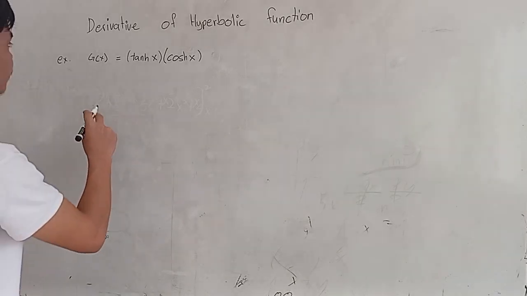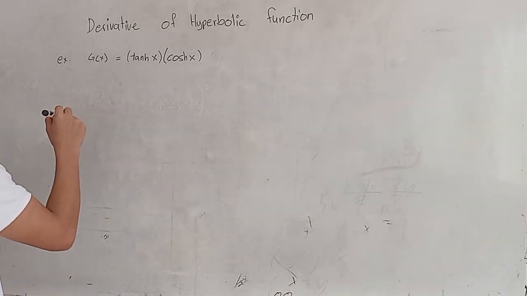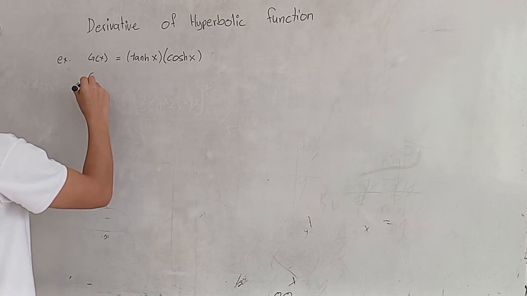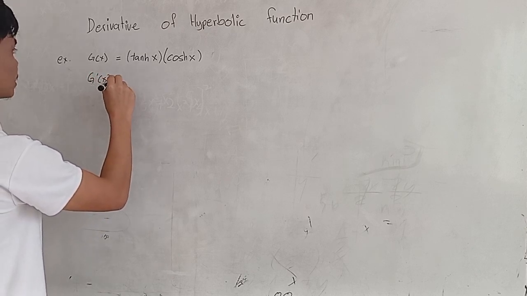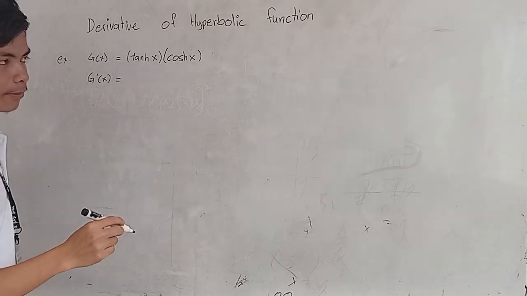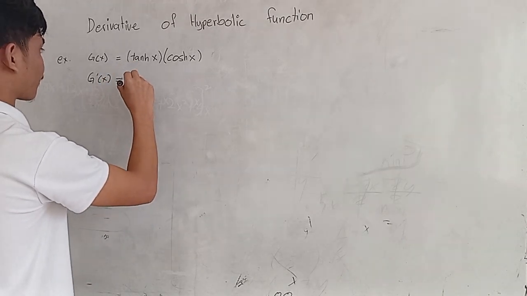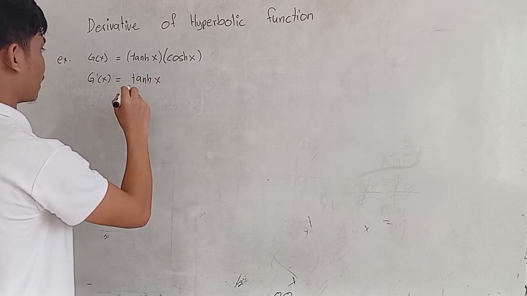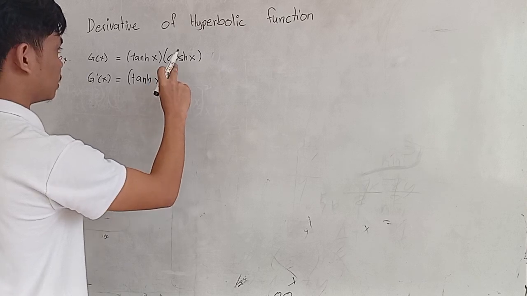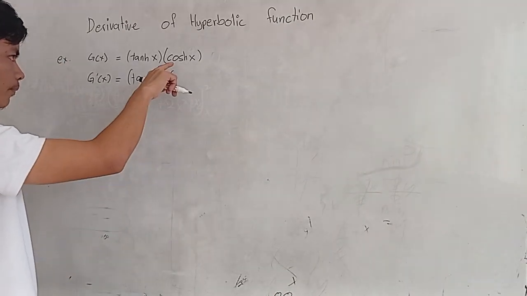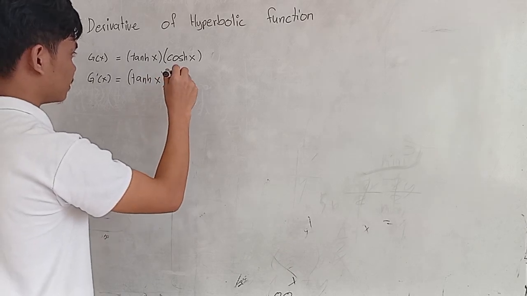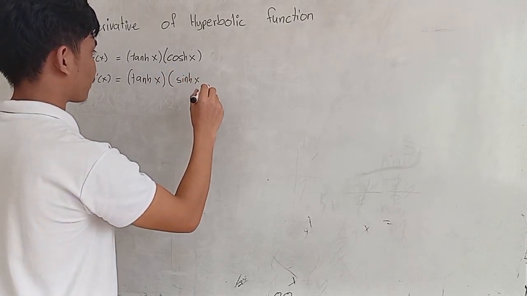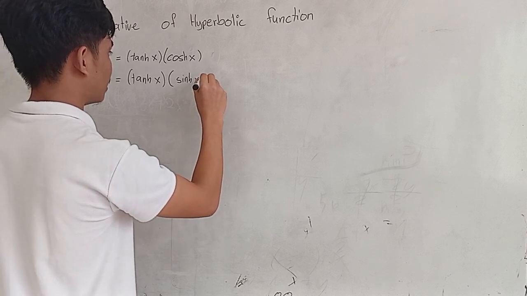Now, the first derivative of this hyperbolic function, we will apply the product rule here: the first term times the derivative of the second term, hyperbolic cosine x, which is hyperbolic sine x, times 1.